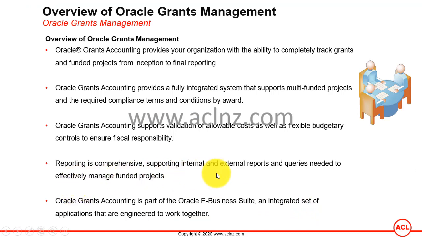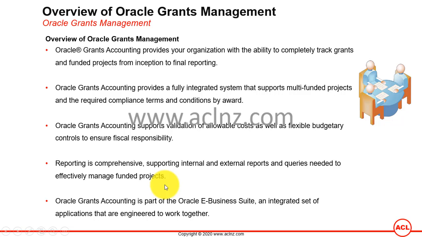Then reporting is comprehensive, supporting internal and external reports and queries needed to effectively manage funded projects. It's hard to explain much about the reporting over here, but as we go along in the course I'm going to show you. In fact, what I can possibly do is take you through a number of reports and show you the output that I have previously run.